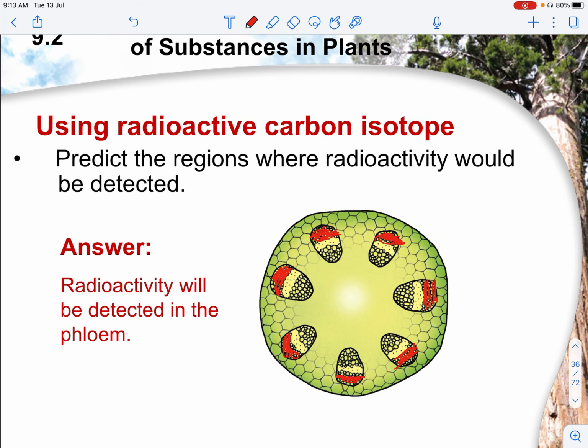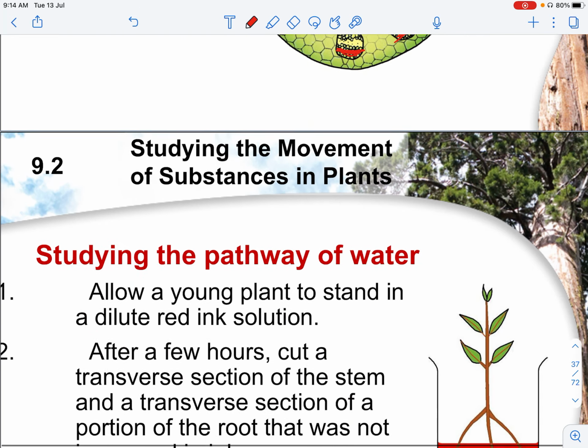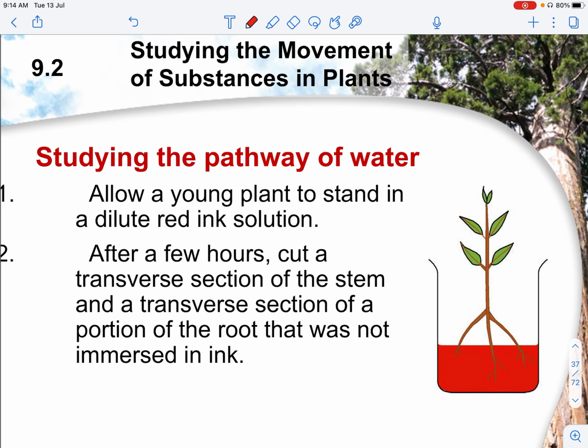This region where the radioisotope is detected is the phloem area. That is how we identify the exact location of the phloem, and the A5 experiment has established that the phloem is located at the external ring of the stem.